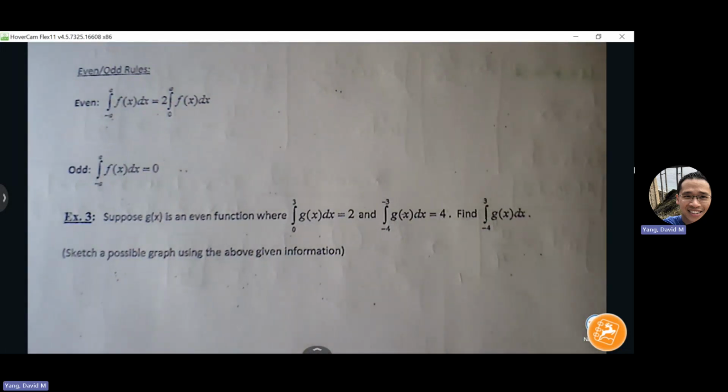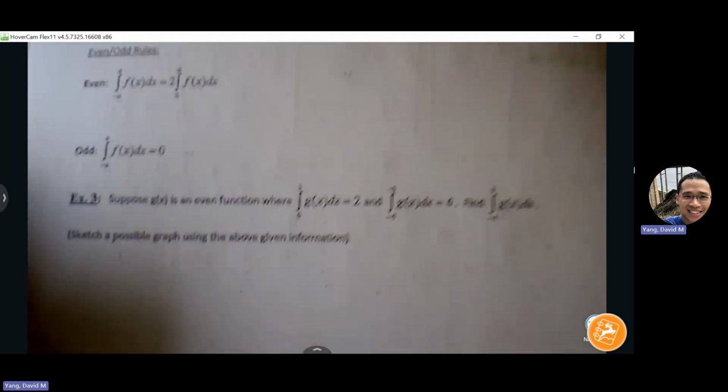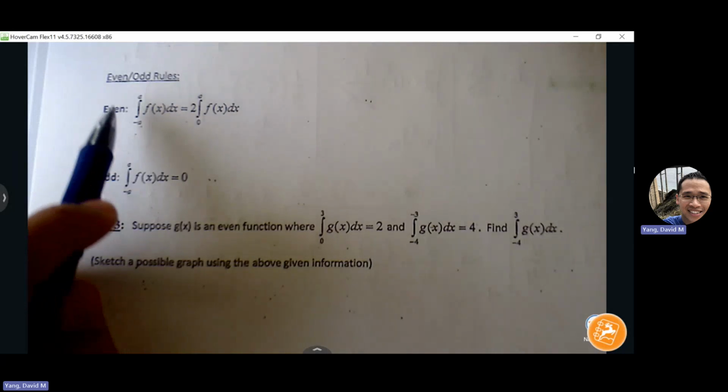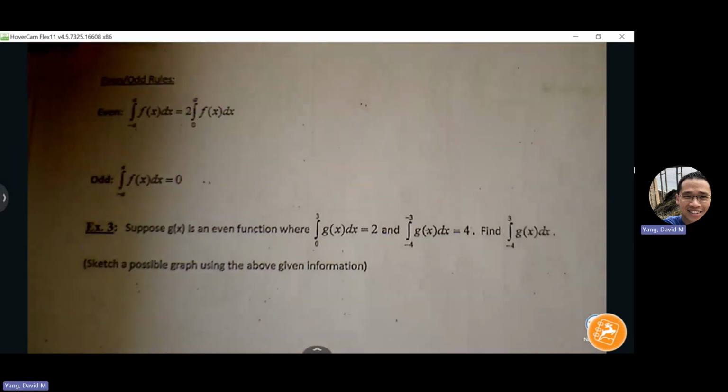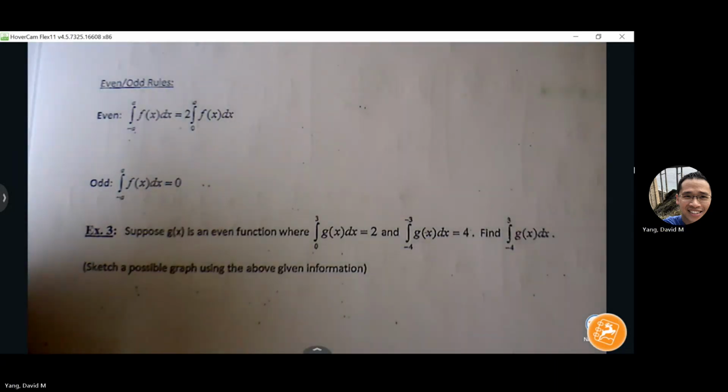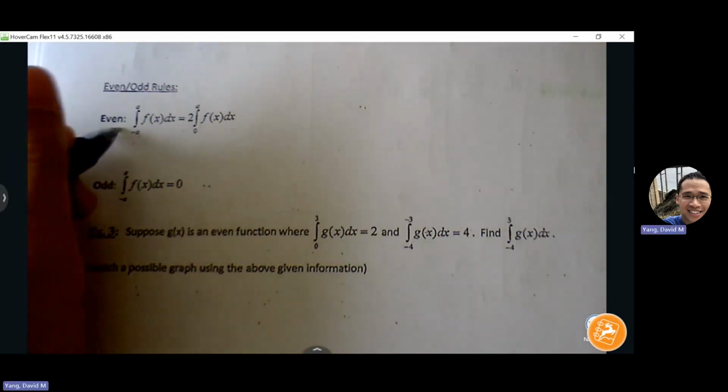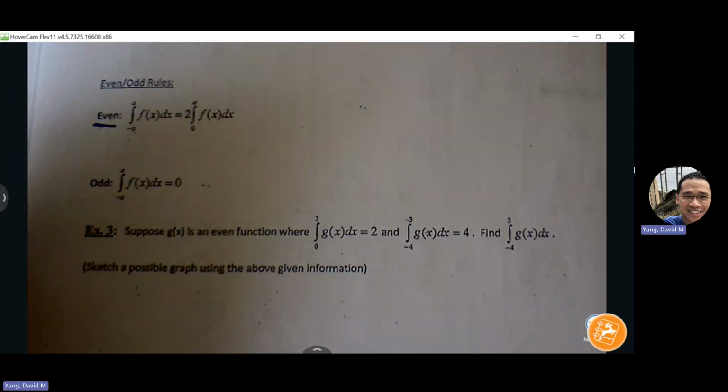So this is page 10. Okay, so this is what even and odd tells us. Even and odd tells us that sometimes you have functions that behave a certain way visually. So in an even function, if a function is even, this is what could happen.